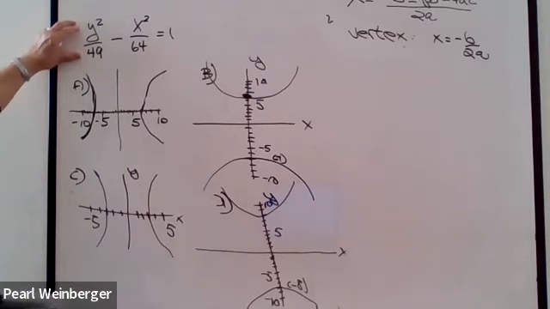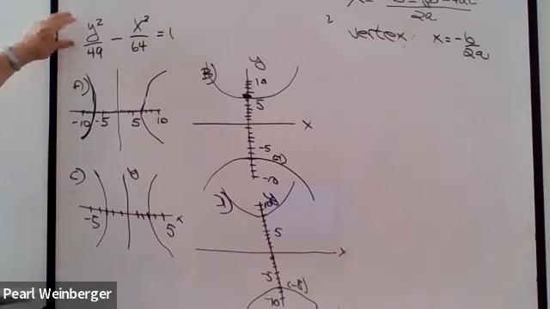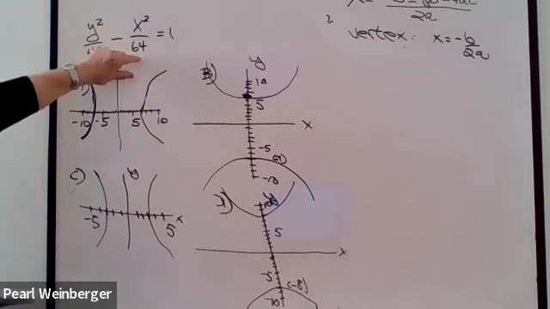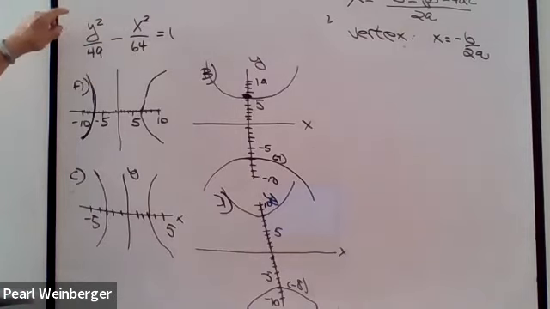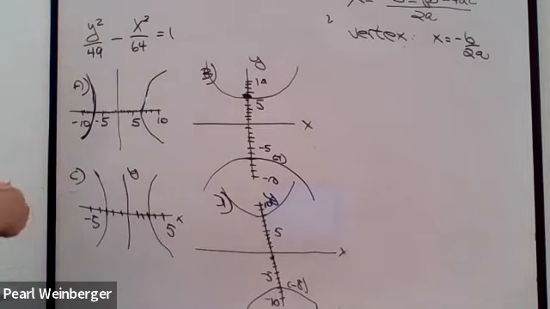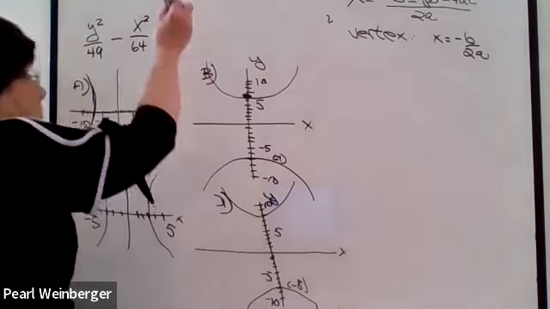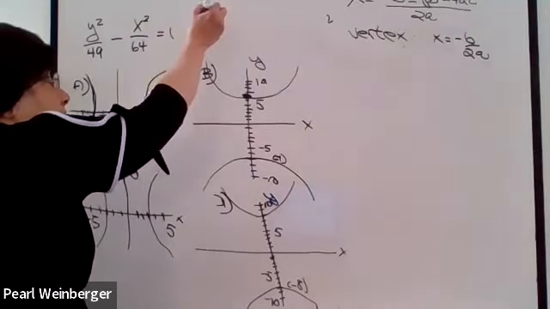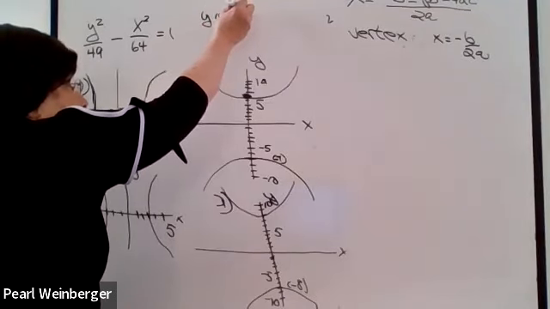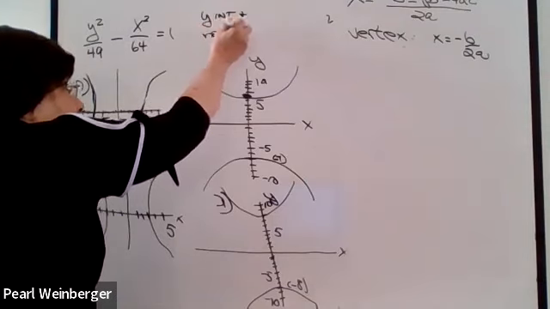If you notice, when I gave you the equation, this is of the form y squared over b squared minus x squared over a squared. The y squared is the positive one. They put it first, but the important point is that the y squared being positive means that there are y-intercepts and no x-intercepts.